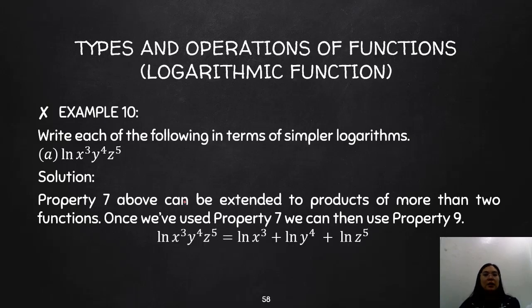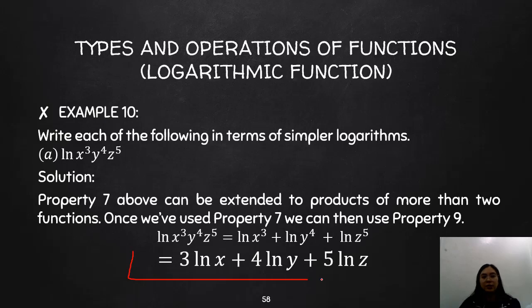So, ibig sabihin, di ba ito, since it's a multiplication operation, pwede natin siyang paghiwa-hiwalayin such that your ln of x cubed y raised to 4 and z raised to 5 will be equivalent to ln of x cubed plus ln of y raised to 4 plus ln of z raised to 5. And then using property 9, we could further simplify this into this. Diba? Yung 3 ln of x plus 4 ln of y plus 5 ln of z. So that is the simplest this function can be.